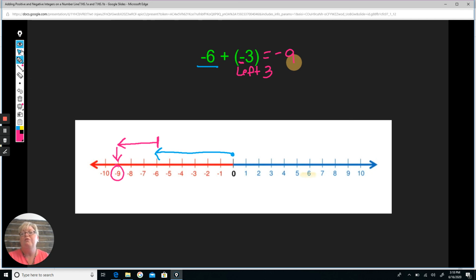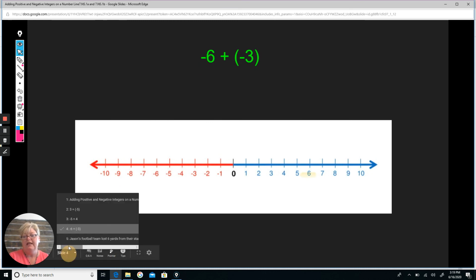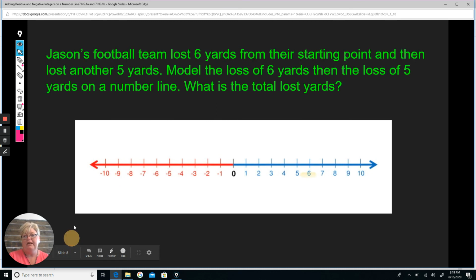Okay, so we have one more problem to do, and it's a story problem. So let's look at it, and we're going to read through it and talk about this problem. Jason's football team lost 6 yards from their starting point, then lost another 5 yards. Model the loss of 6 yards and then the loss of 5 yards on a number line.